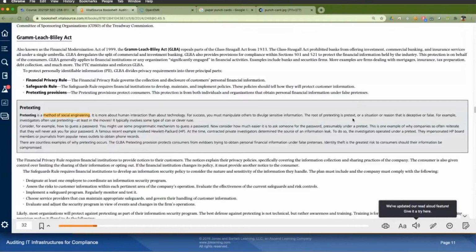For example, investigators often use pretexting. Consider how to guess a password. You might use some programmatic mechanism. Or calling on the phone and saying, I'm from the IT department. I need to reset your password. What's your old password so I can reset it for you? That is an example of pretext.